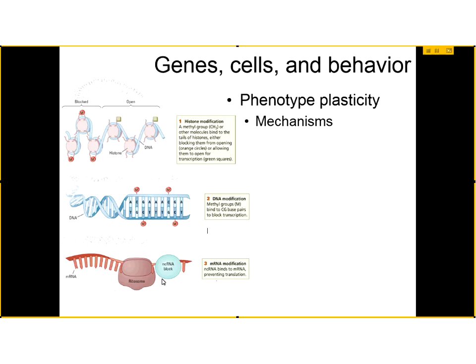So one mechanism is the fact that DNA is normally pretty tightly wound around histones. And so here we can see this is DNA molecules wrapped around these histones. And normally the DNA, when it needs to be unraveled for a gene to allow for transcription, it can unwind and allow that to happen. Well, what we can have is certain environmental conditions can cause these histones to be bound to methyl groups, or CH3, these little red units here.